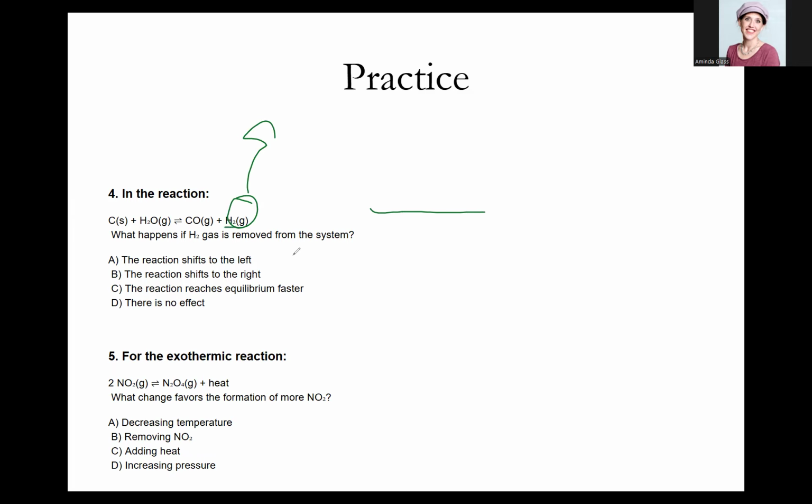So hydrogen is on the product side, so the product side is going to be lighter. Which way is the reaction going to shift to reestablish equilibrium? It's got to shift to the right, because if it's making more product, it has to replace what was taken out.